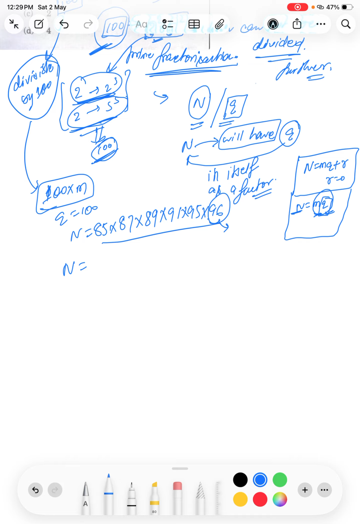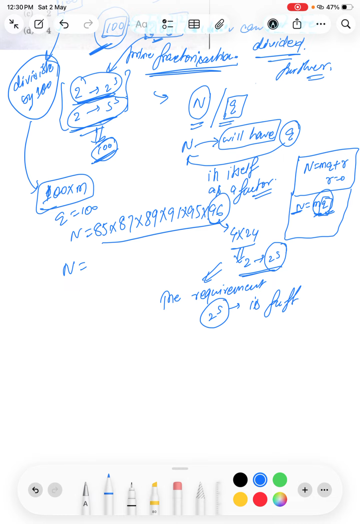If we prime factorize this number or break it further, not completely, we can see that this is something like this, 4 into 24. So we have got two 2's. The requirement of 2's is fulfilled.